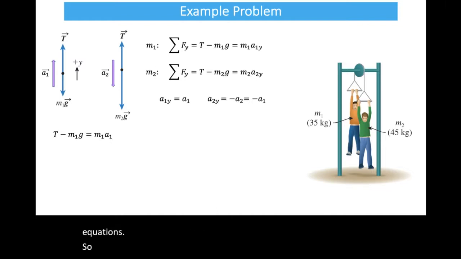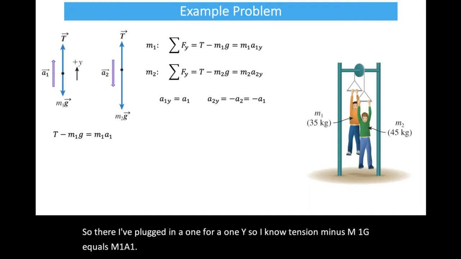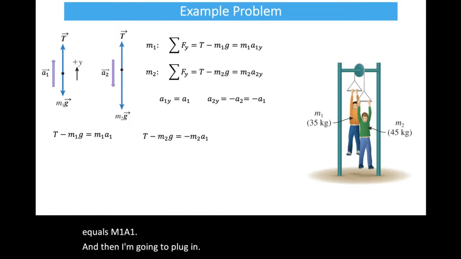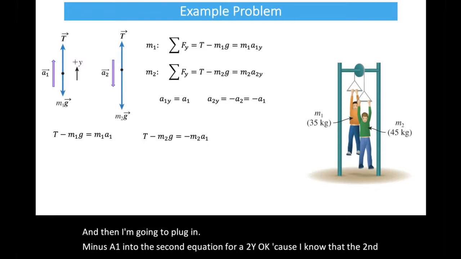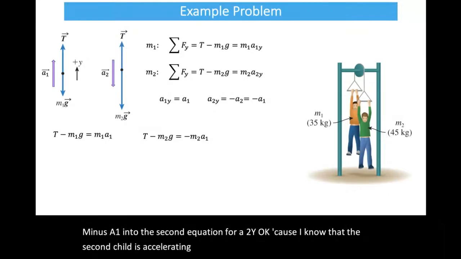So there I've plugged in a1 for a1y. So I know tension minus m1g equals m1a1. And then I'm going to plug in minus a1 into the second equation for a2y, because I know that the second child is accelerating downwards.